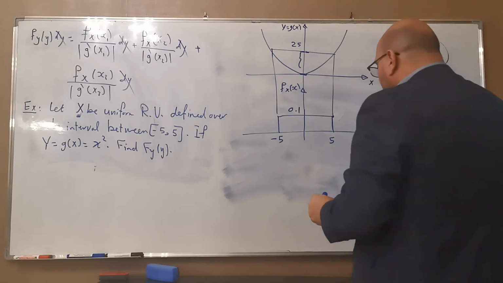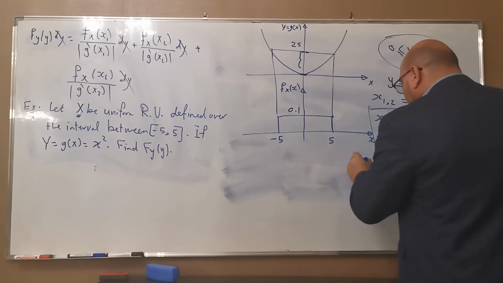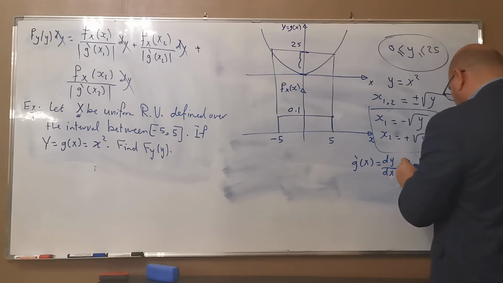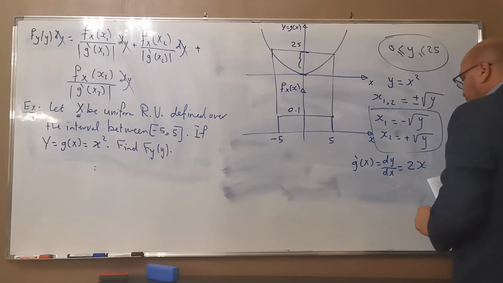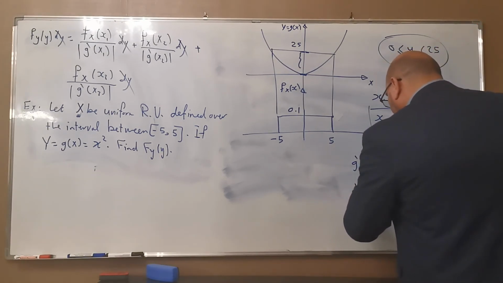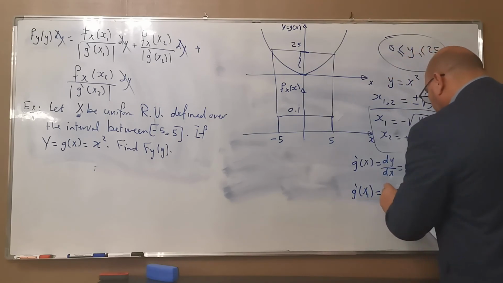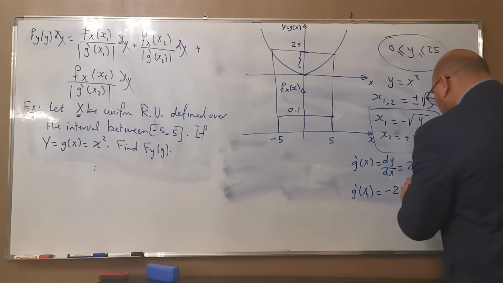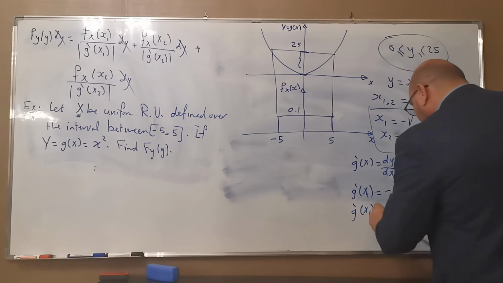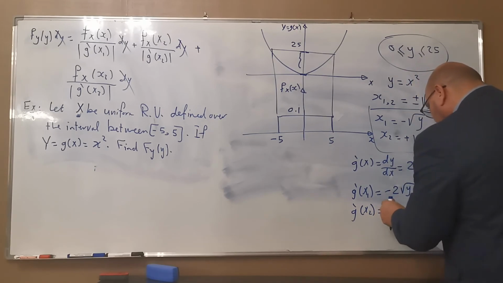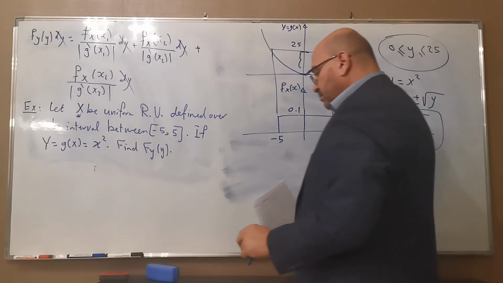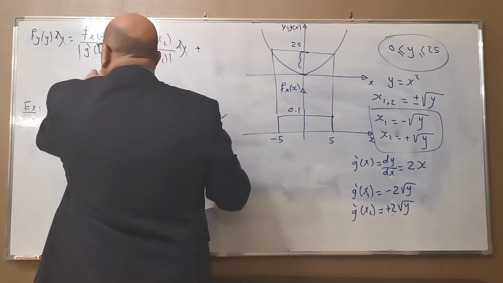We also need to find g prime of x, which is equal to dy by dx, and this equals 2x. So g prime of x1 equals minus 2 square root of y, and g prime of x2 equals plus 2 times the square root of y.